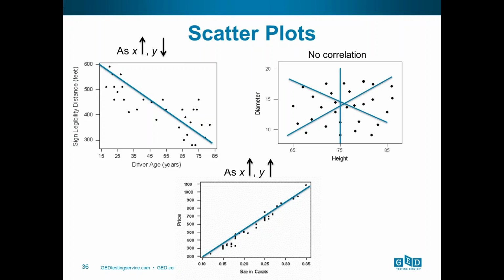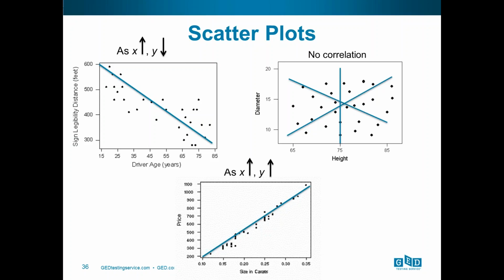You just got these dots everywhere. Here we have something that's 75 inches or feet, and you can see that diameter-wise, it could be 10, it could be 15, it could be higher. There's no way to make sense of it. There is no correlation between these.